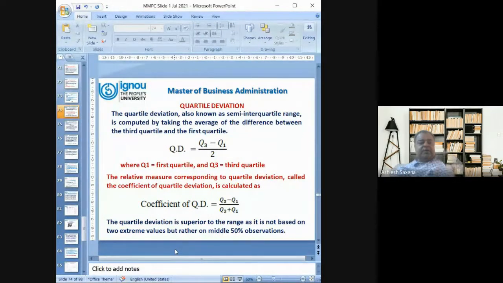Q1 is the first quartile and Q3 is the third quartile, and your Q2 is your median. If you are supposed to determine the coefficient of quartile deviation, it is Q3 minus Q1 upon Q3 plus Q1. Just write down the formula.